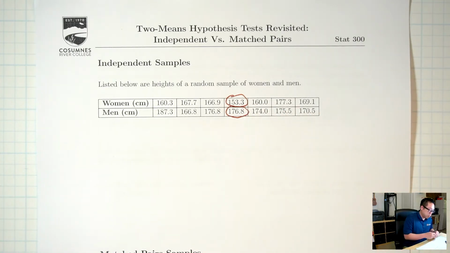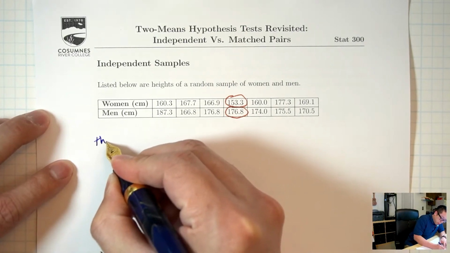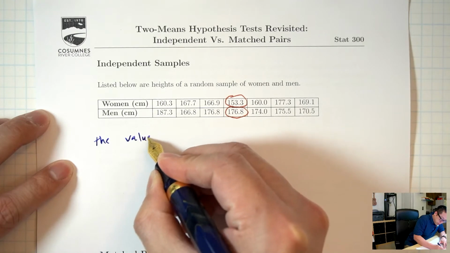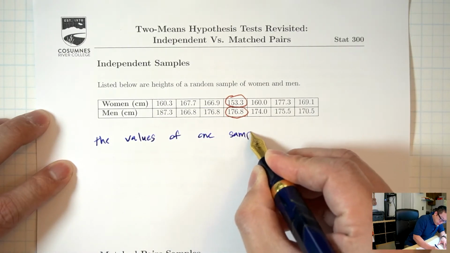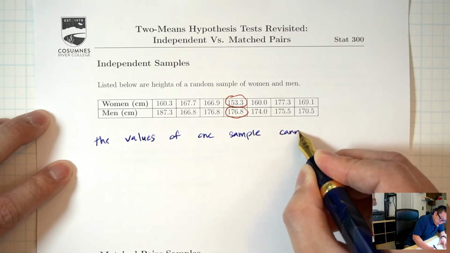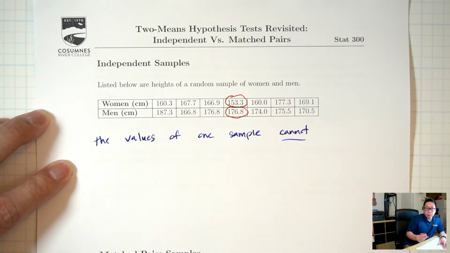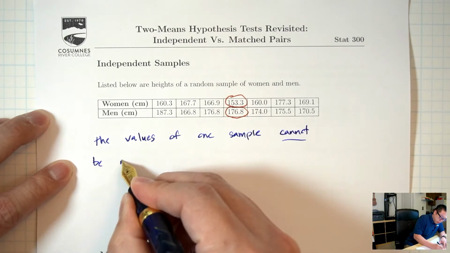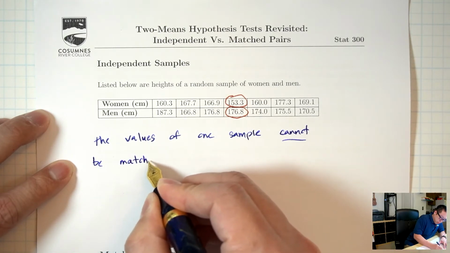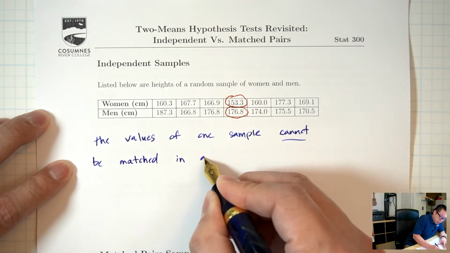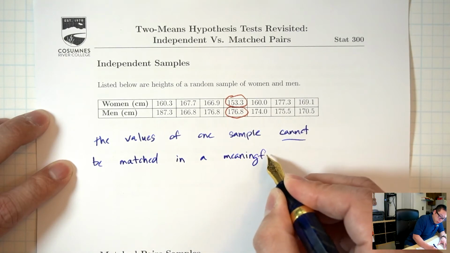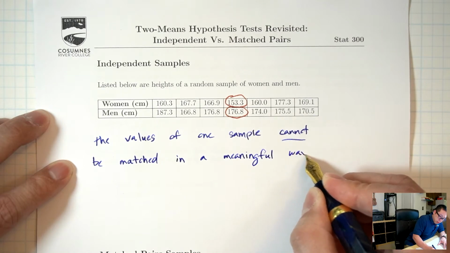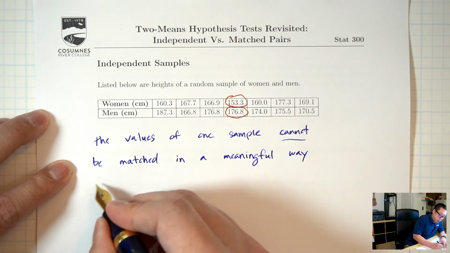So in an independent situation, the values of one sample cannot be matched in a meaningful way with the values in the other sample.